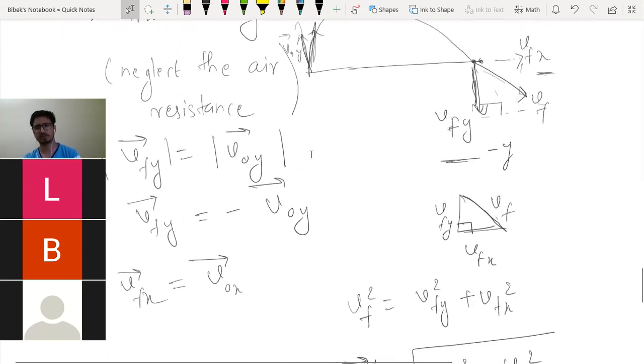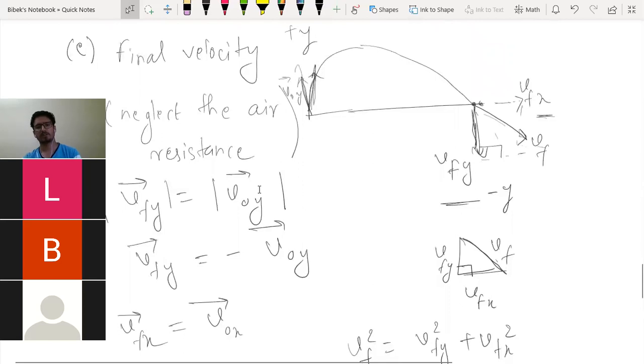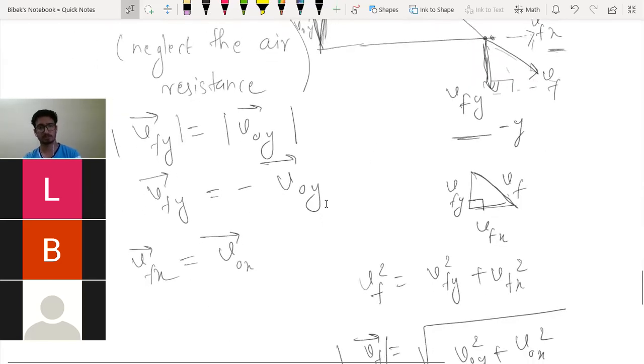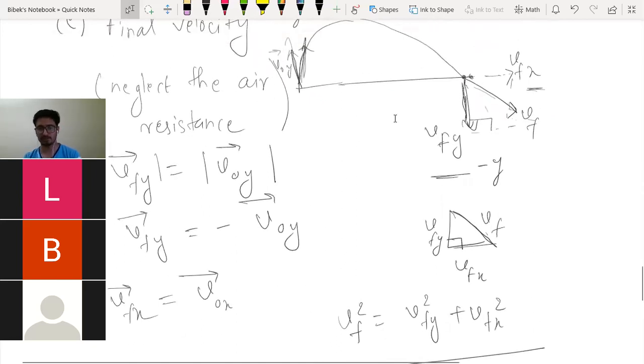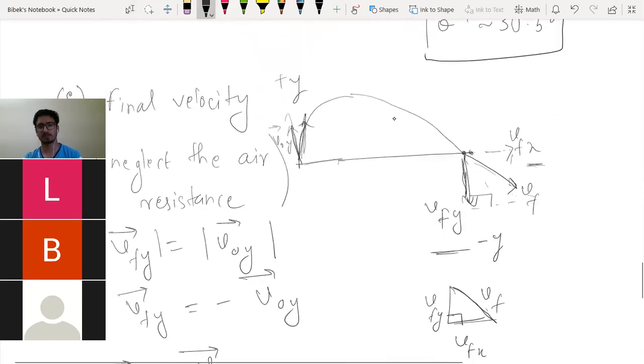You just need to remember that the y component is equal to the initial y component but in the opposite direction, and the x component remains constant throughout the motion. So vx is equal to v naught x wherever you go. But vy changes: it decreases, reaches 0, and increases towards the negative direction.